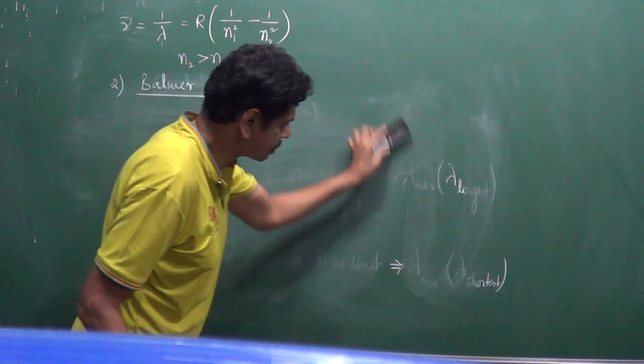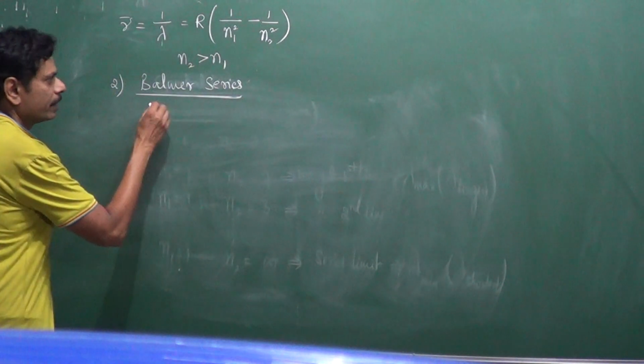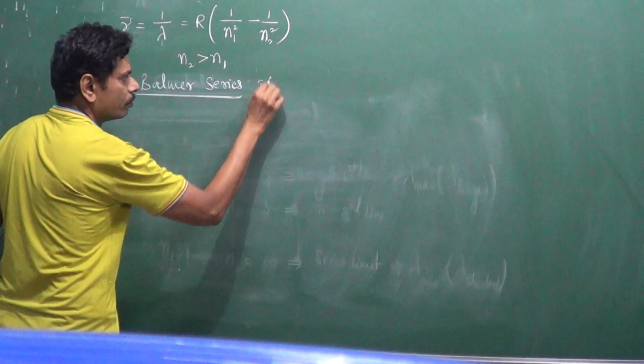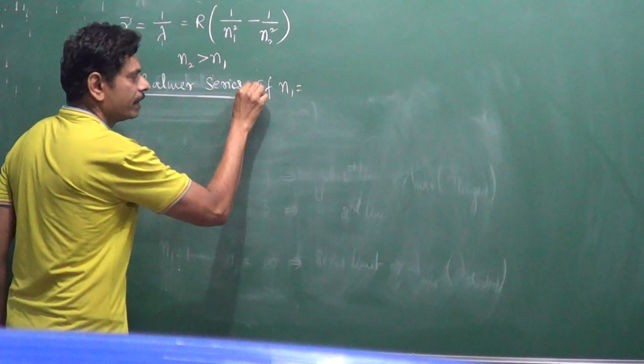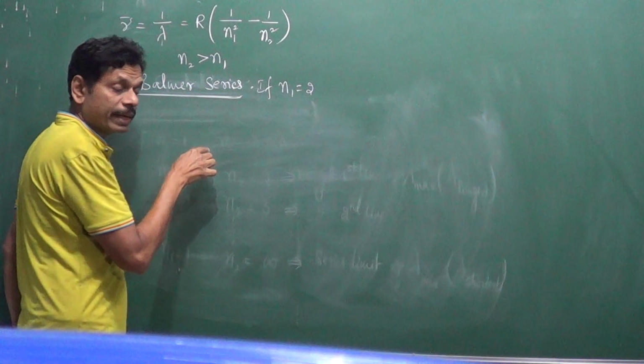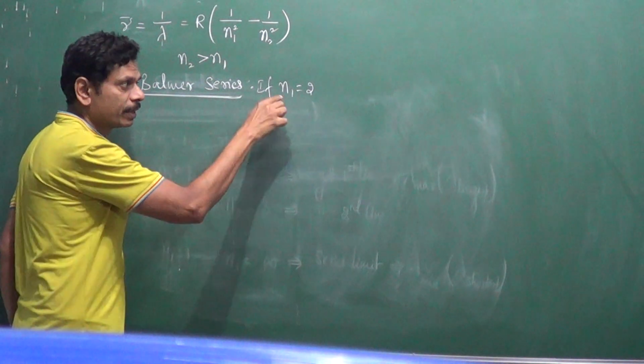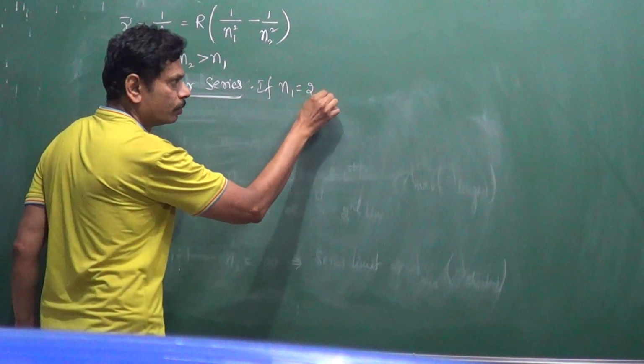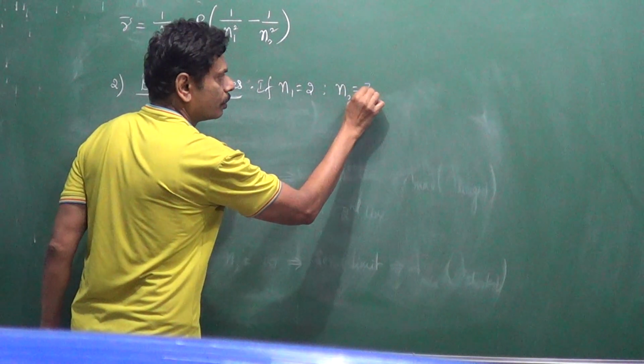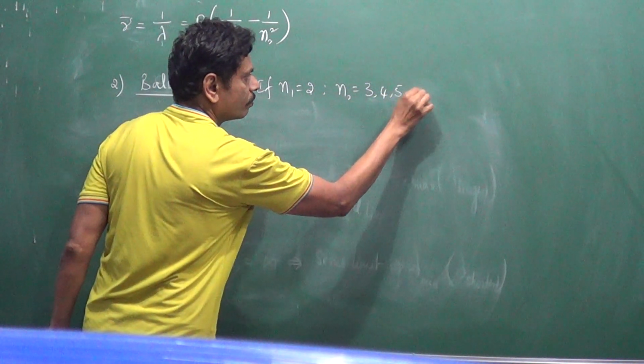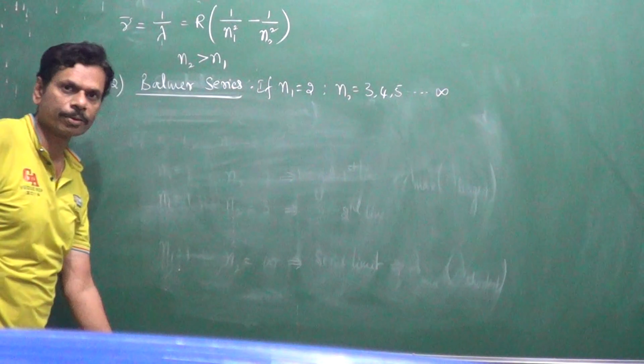The Balmer series condition is that n1 is equal to 2, but in the case of the Lyman series n1 is equal to 1. In the case of the Balmer series n1 is equal to 2 and n2 is equal to higher numbers, up to infinity.